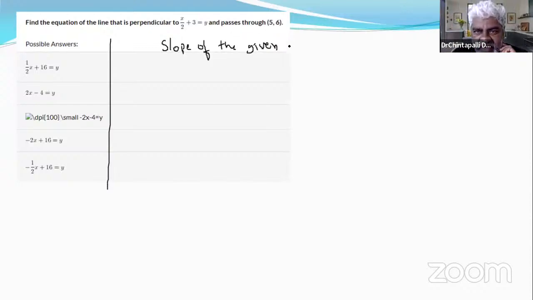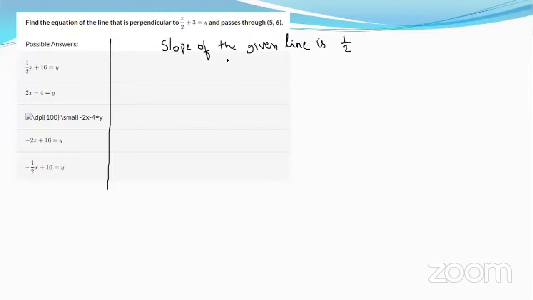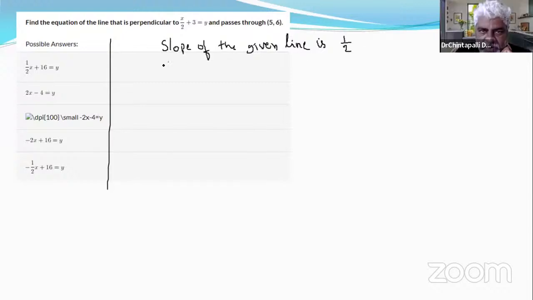Slope of the given line is 1 by 2, half, right? So the slope of the required line is negative 2.